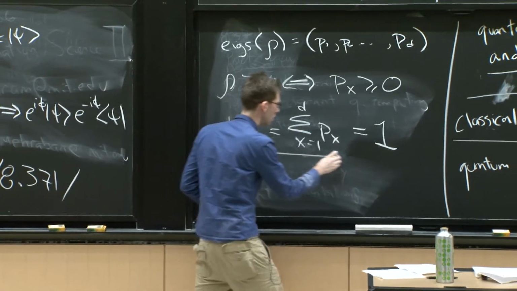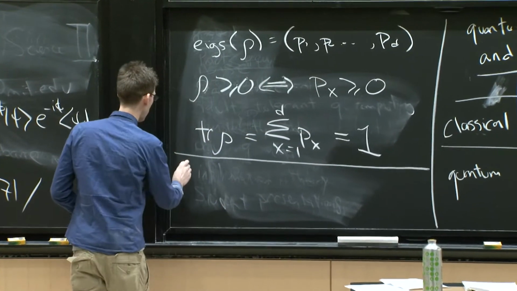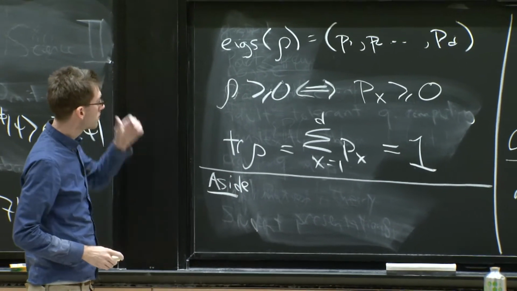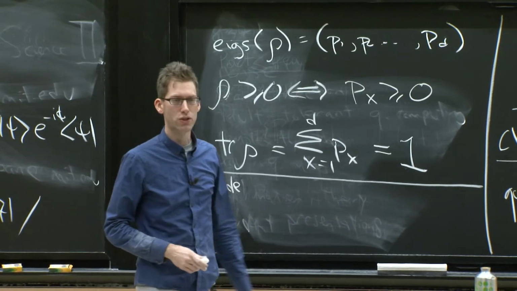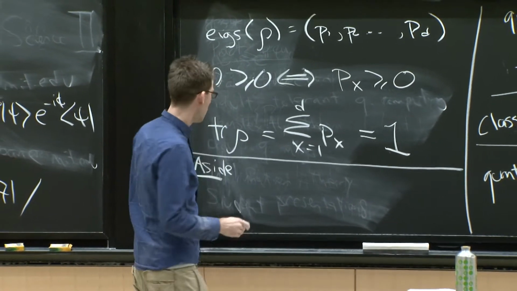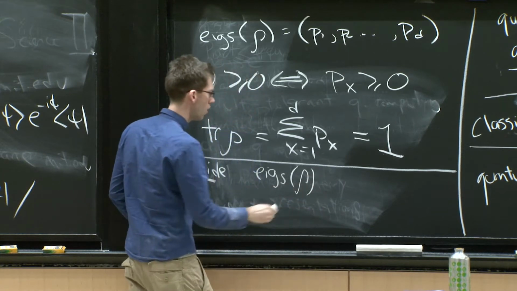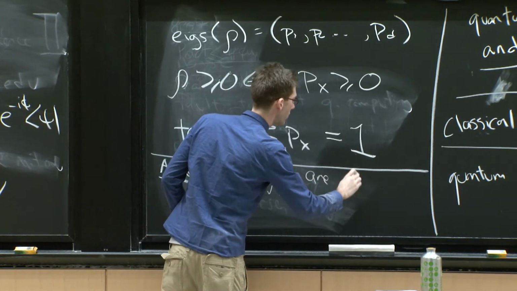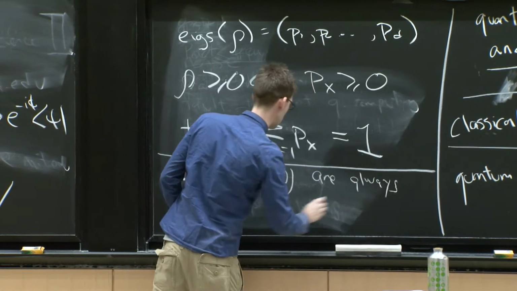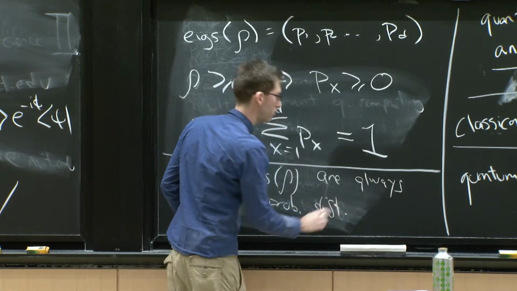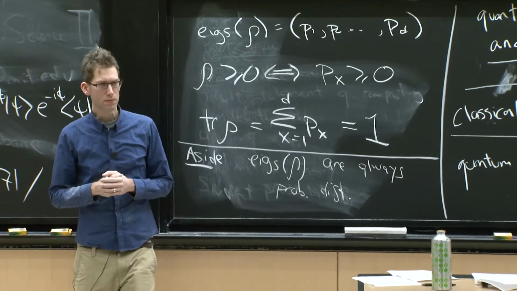Now, one important aside is that this is for diagonal density matrices rho, but the eigenvalues of rho are always probability distributions.